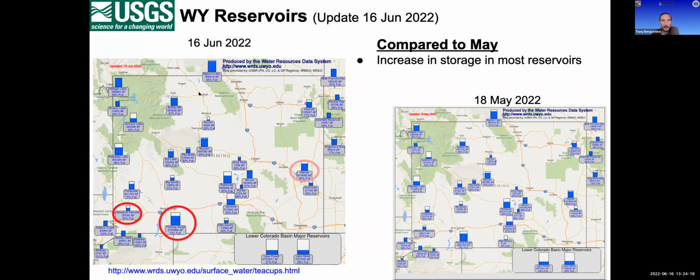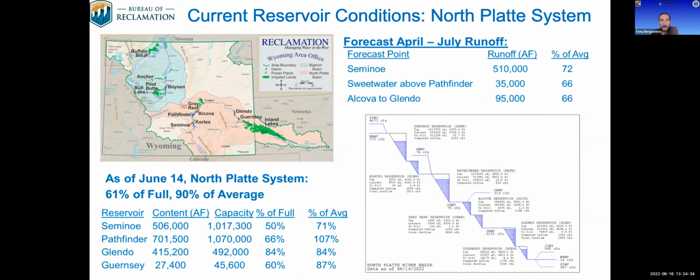Bighorn Lake is up near the top compared to where it was last month. So increase in reservoir levels almost across the board, except for 2 or 3 exceptions. And that would be it.